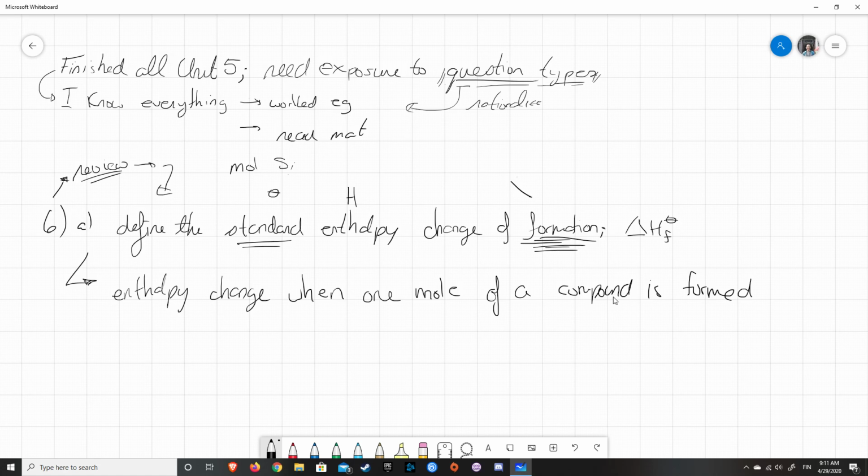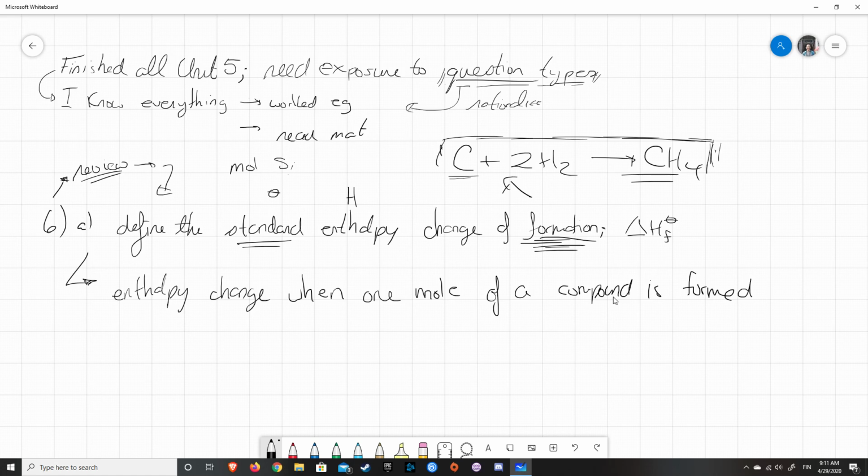So remember, we took all of our reactants in their standard states. If we were to make something like CH4, the standard enthalpy of formation would say, okay, we've got carbon, and we're reacting it with 2 H2 in order to form methane. And we were going to calculate this standard enthalpy of formation.